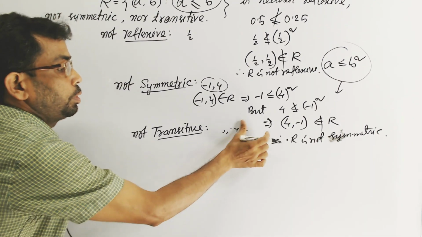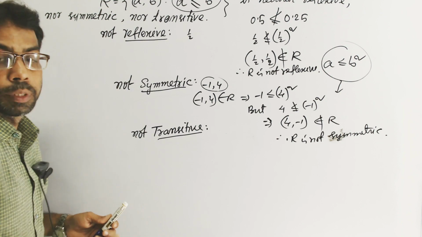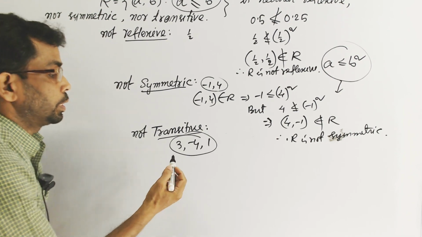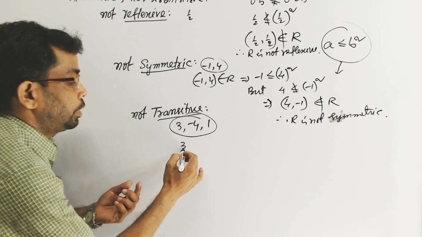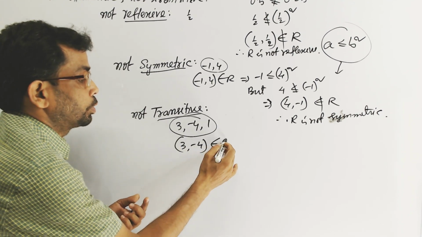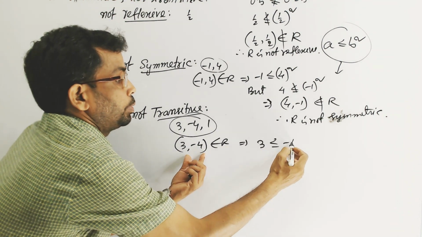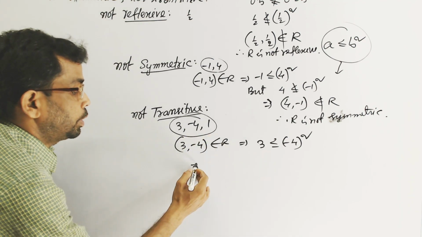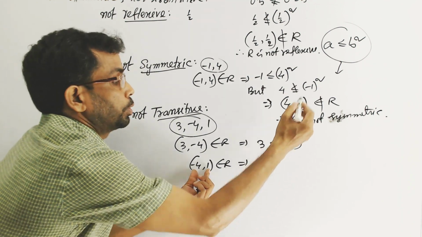And to show the relation is not transitive, I can take the numbers 3, minus 4 and 1. Then (3, minus 4) belongs to the relation, because they satisfy the condition a less than or equal to b square. This is true. And (minus 4, 1) also belongs to the relation because they also satisfy this condition.